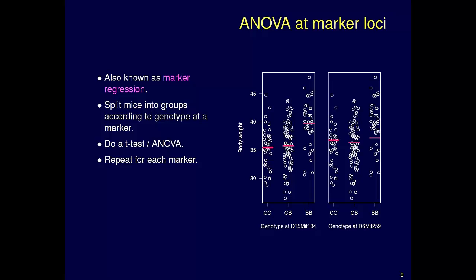So in an intercross, you split the individuals into the 3 groups at a marker, and then do analysis of variance to say, do these 3 averages look different or not? We look for markers like this where there's a pretty big difference between the 3 groups. And we are less interested in markers like this where the 3 groups have pretty much the same average phenotype. And we just repeat that for every marker.